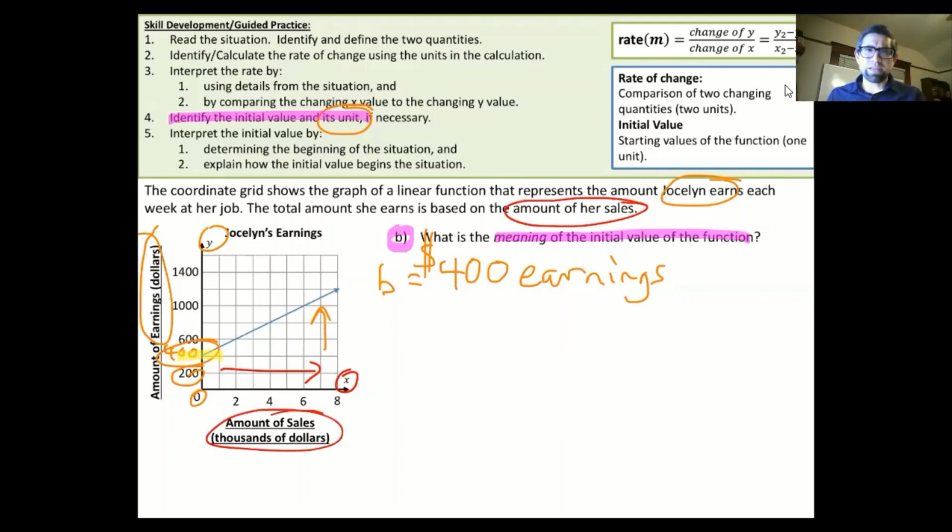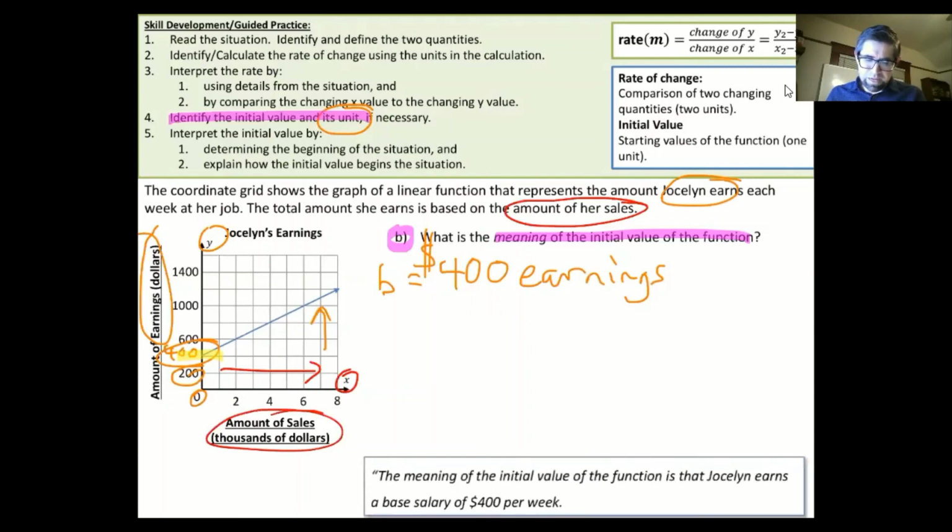So to interpret that, I'm going to go ahead and pull up my sentence here. The meaning of the initial value of the function is that Jocelyn earns a base salary of $400 per week. Now, I've included a word in here that we might not understand where it came from.